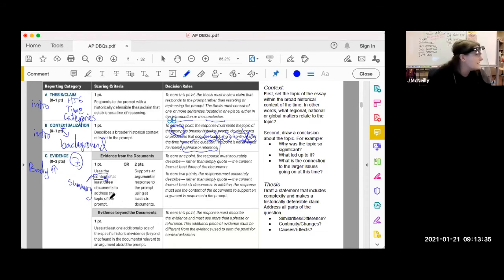Okay, so what that means is, let's say that your document is a letter from Christopher Columbus back to his sponsors, to the King and Queen of Spain, Ferdinand and Isabella. Well, in this letter, he writes on and on about, oh, your illustrious regal king and queen. It is an honor to work for you.